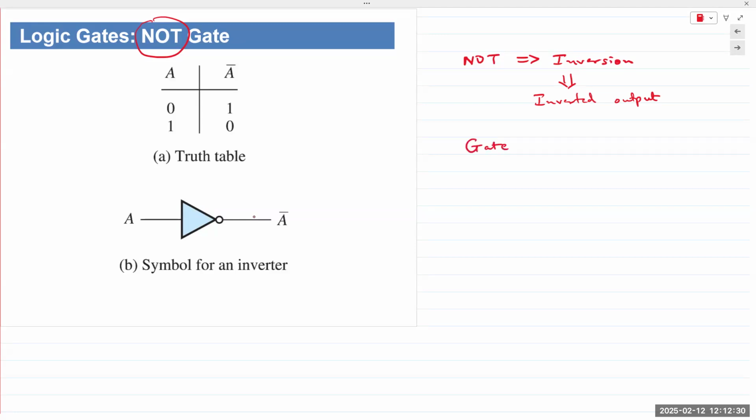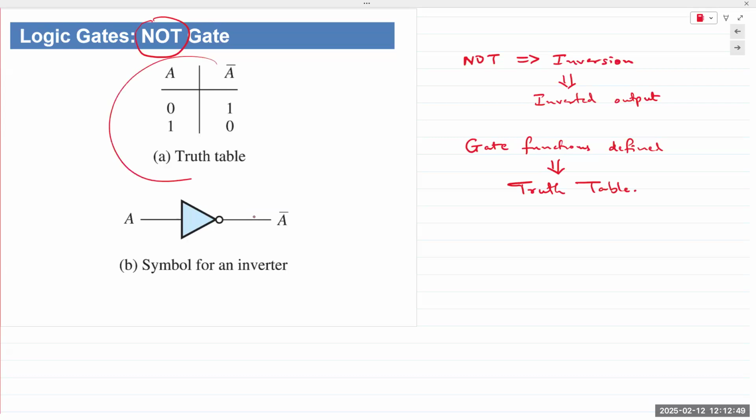The function of the gate is presented in a table. The table is known as a truth table.